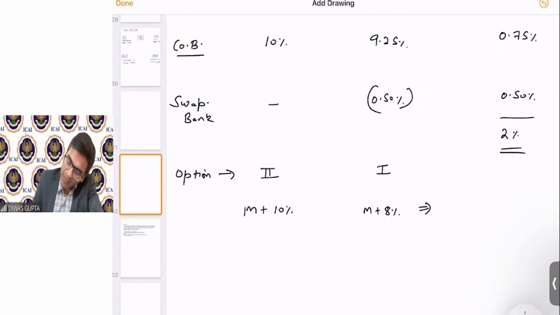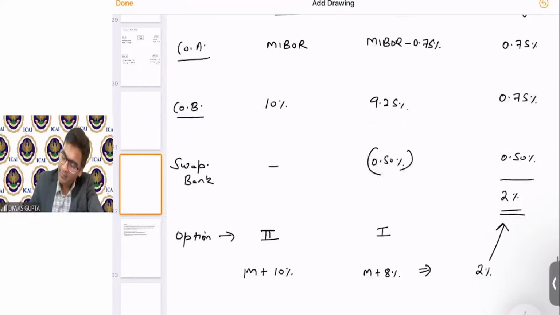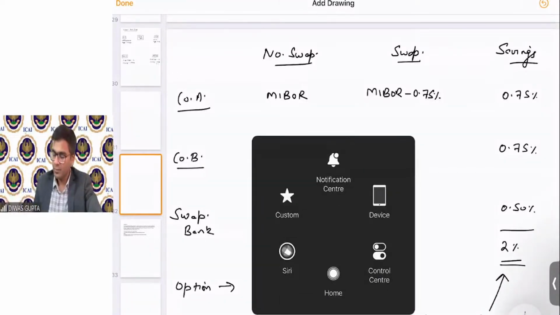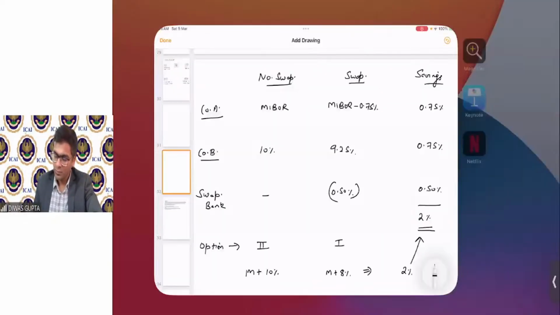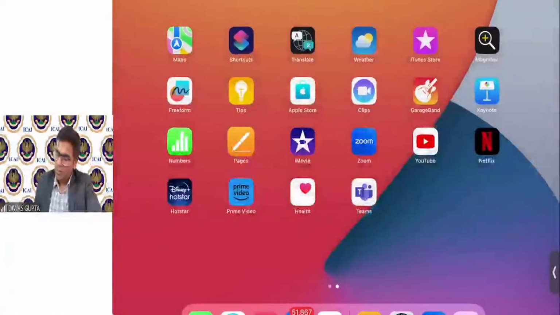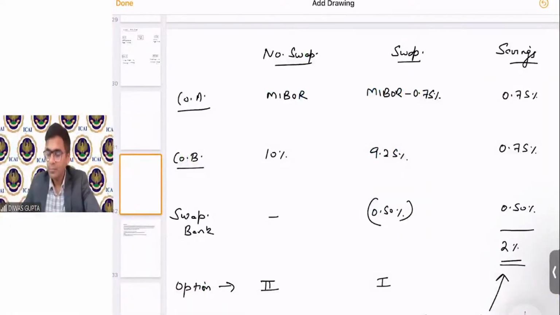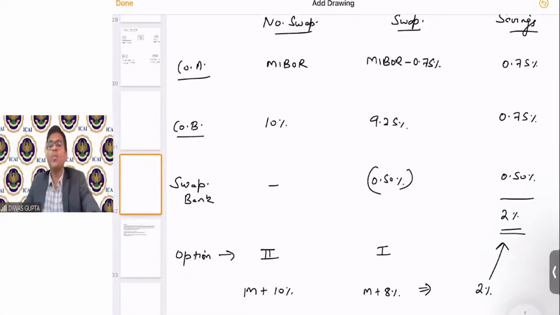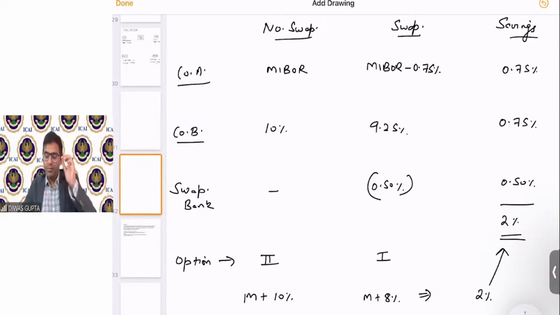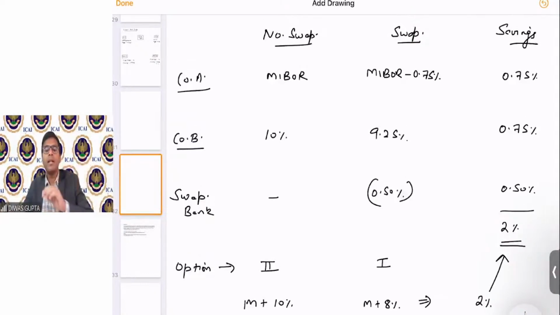So there is a difference between both of them of 2%, which is finally getting reconciled here. So this 2% difference between M plus 10% and M plus 8% is getting reconciled by 0.75 income for Company A, Company B is also 0.75, and the swap bank is 0.5.